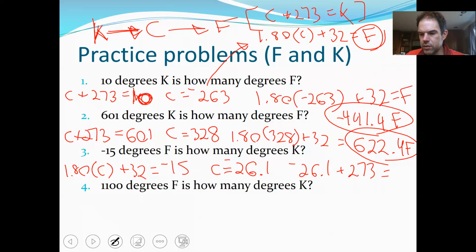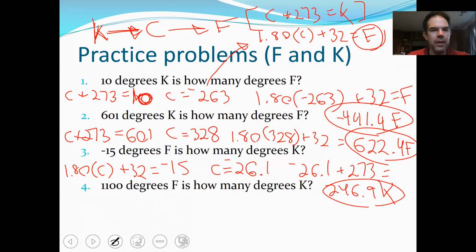It looks like it's going to end up being, oh, that didn't work out. Negative 26.1 plus 273. There you go. Looks like it's going to be 246.9. And that is, we solve for K, right? K. That's your answer there.